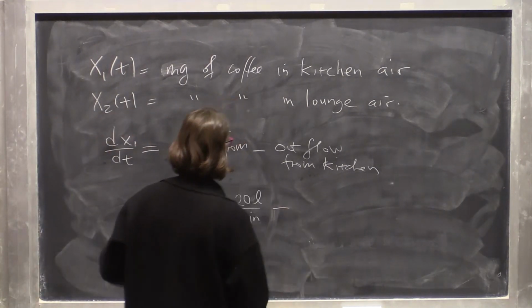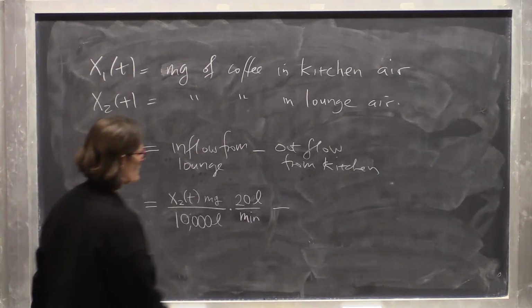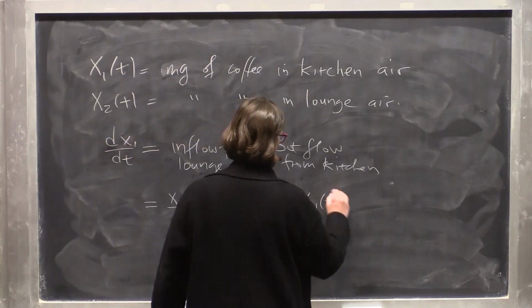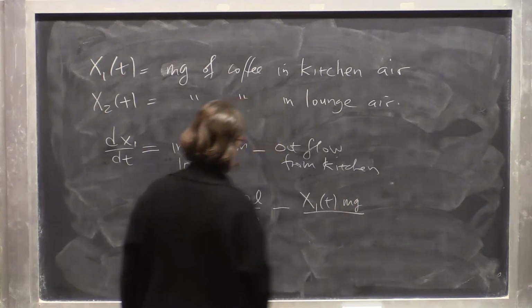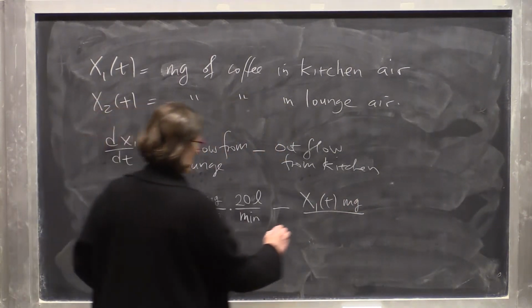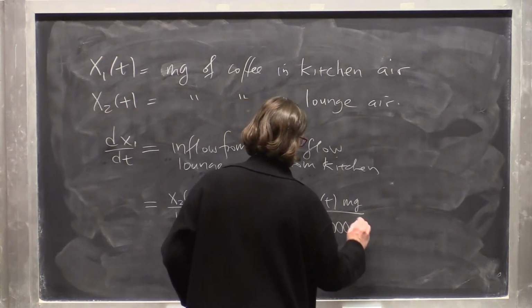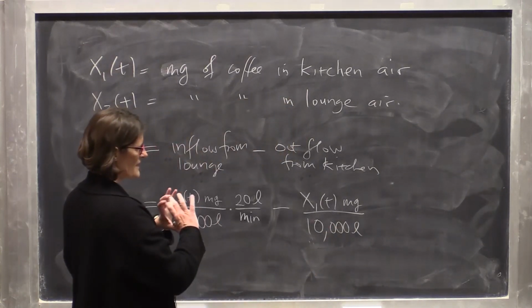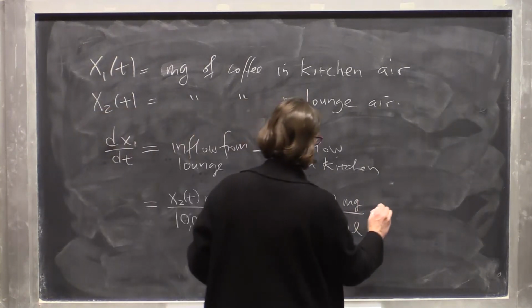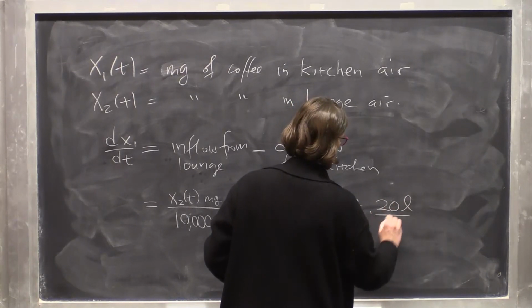You're losing coffee from the kitchen, and that has to do with the amount of coffee in the kitchen, which is x1 milligrams, divided by the volume of the kitchen, which is 10,000 liters, times the rate the air is leaving the kitchen, which is 20 liters per minute.